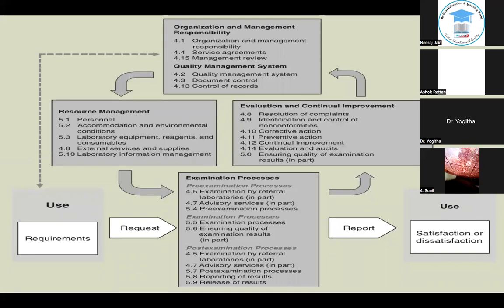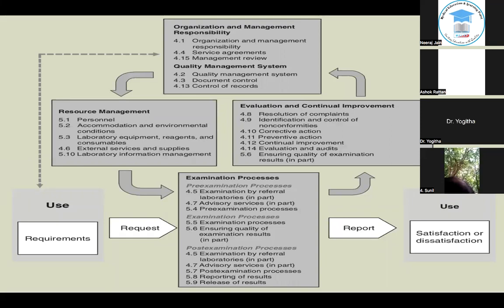Now for this, what is required? People who are working in your laboratory are qualified and well trained. Environmental conditions of the laboratory are well maintained: temperature, humidity, no excess dust, no electromagnetic interference. Cleanliness is maintained, and appropriate biomedical waste guidelines are followed.